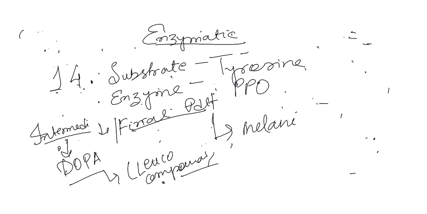So this is a short way to remember the basics. The tyrosine is the substrate, the enzyme is the PPO, the intermediate product is dopaquinone, and the final product is melanin. In between, you will have another gluco compound between dopa and melanin. So this is the 14th question. Okay. The basics can be clear there.